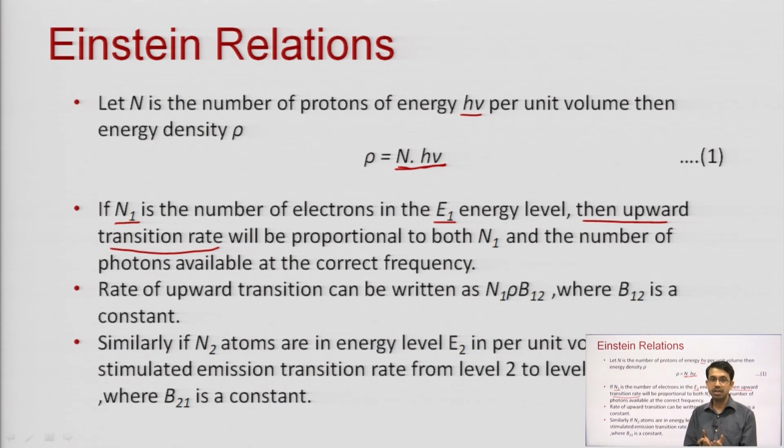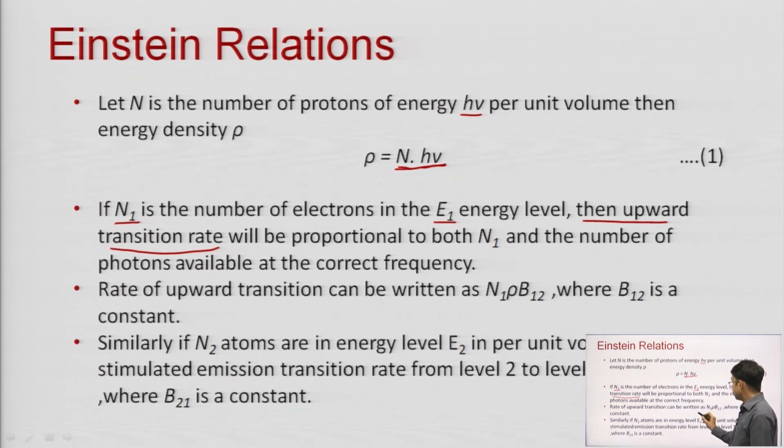How many electrons are there in ground state? If there are more electrons in ground state, then the upward transition rate will be more in presence of sufficient photons. If the number of electrons in ground state is very small, then the upward transition rate will be less no matter how many photons are there.